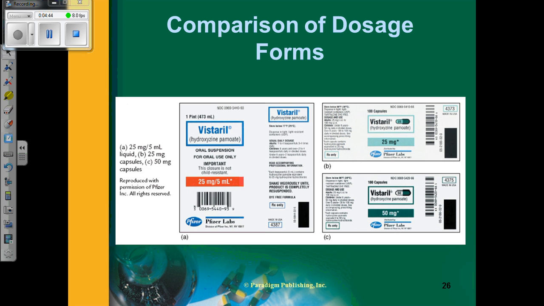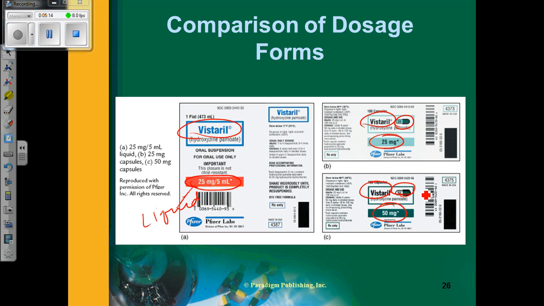If you look at this first one, it's 25 milligrams per 5 milliliters, and it is a liquid. Over here, these are both Vistaril. That is 25 milligrams up here, and it is a capsule. And the one below it is 50 milligrams, and it is a capsule.